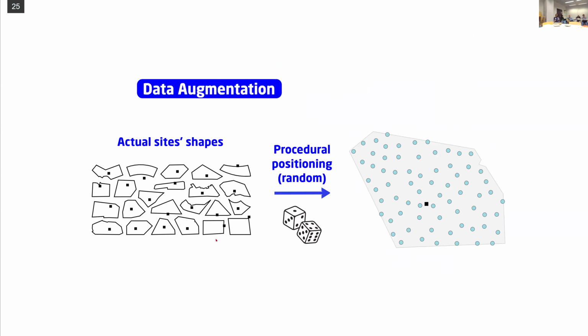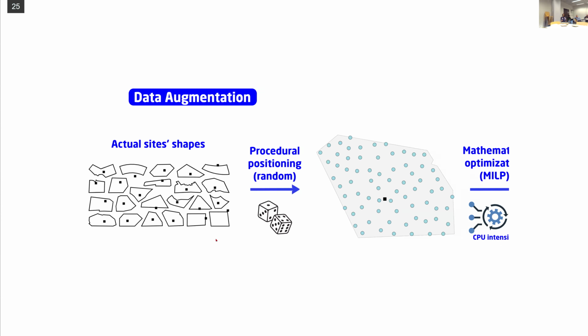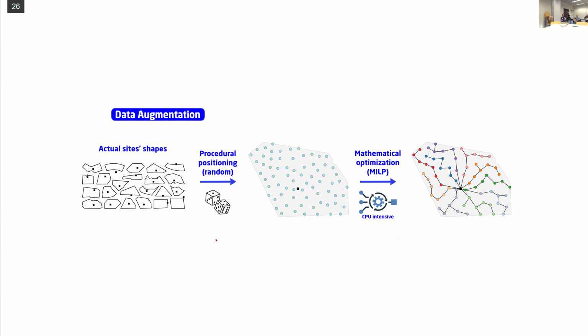For the data augmentation, I use only the shape of the sites and the relative position of the substation within that shape. And the turbines I position randomly, but respecting the minimum distance. And for each shape, several different numbers of turbines and several different minimum distances between turbines. Then each one is solved, and this goes to the database.